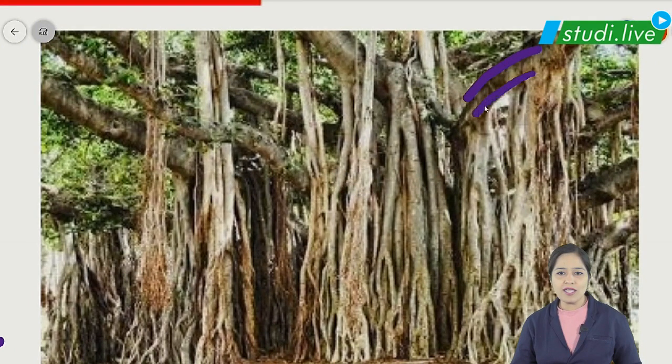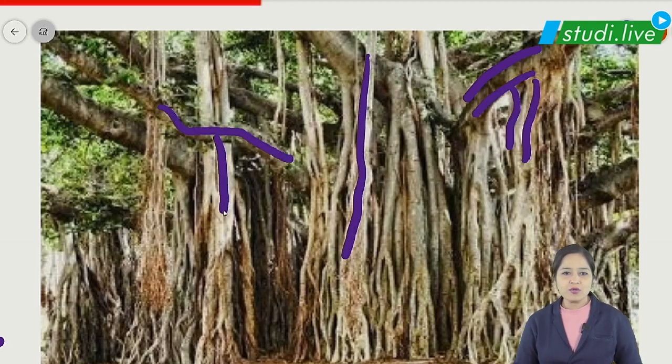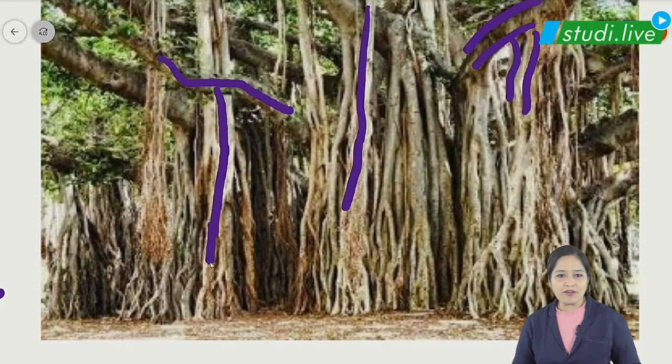These roots coming from the horizontal branches are known as prop roots, and they grow vertically downwards until they penetrate the soil and act as pillars.